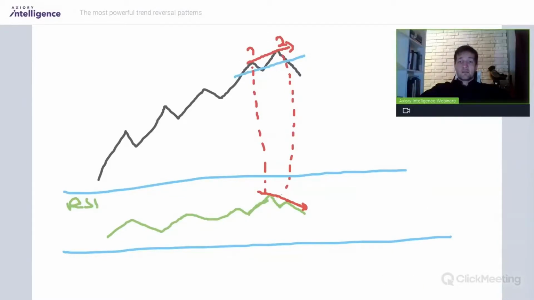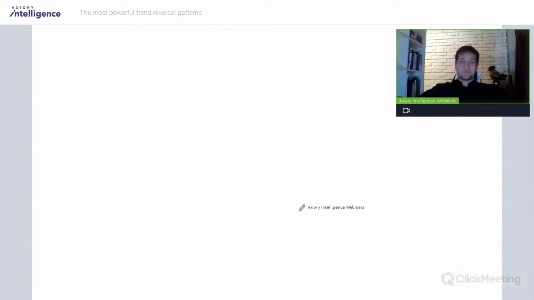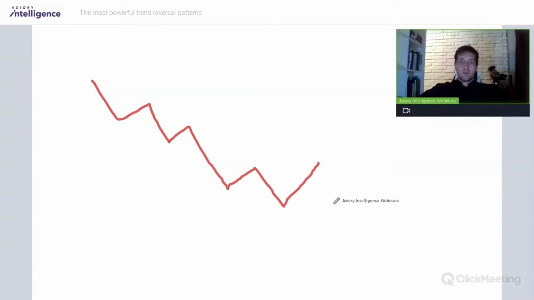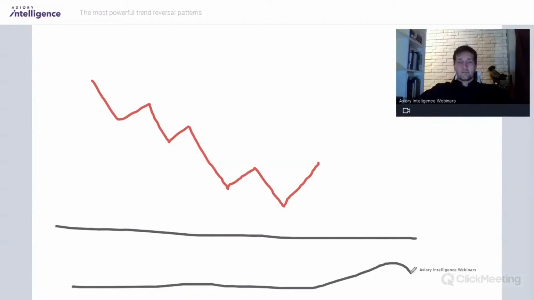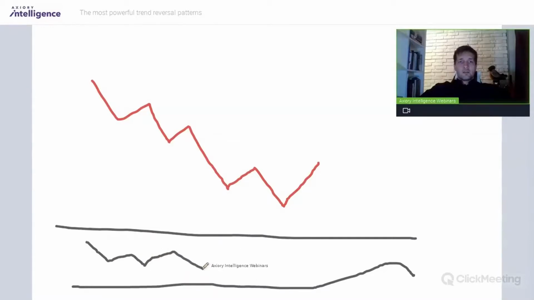The same, my friends, goes with the downtrend. Price goes down. There is a double bottom formation. And there is an indicator. The indicator is going like this and like this.